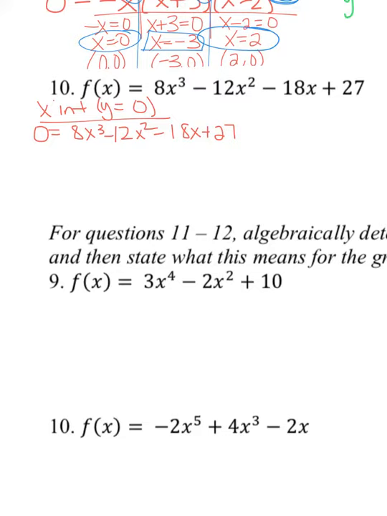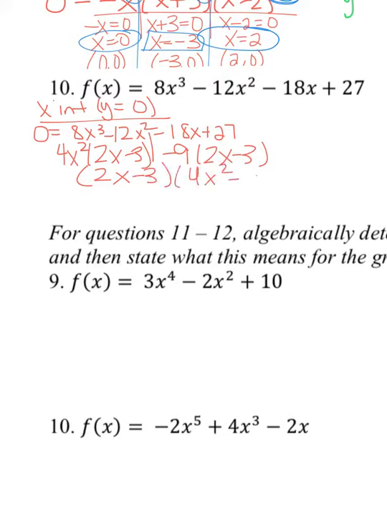So I'm going to split this down the middle. On the left side, I could take out 4x squared, and I'm left with 2x minus 3. On the other side, I could take out a negative 9, and I'm left with 2x minus 3. Parentheses match, 2x minus 3 times 4x squared minus 9.